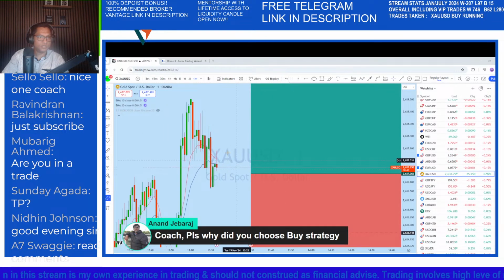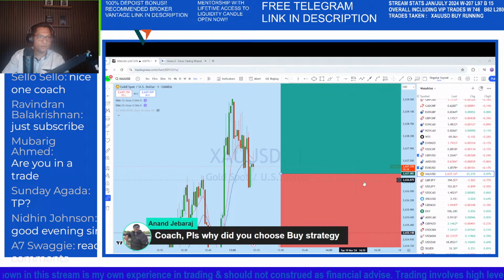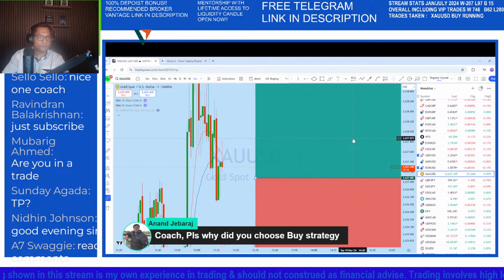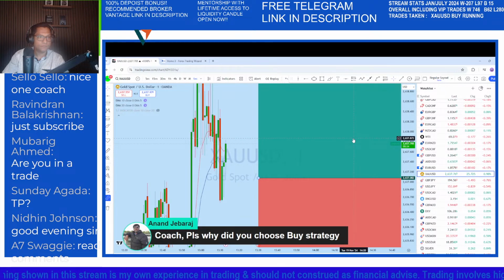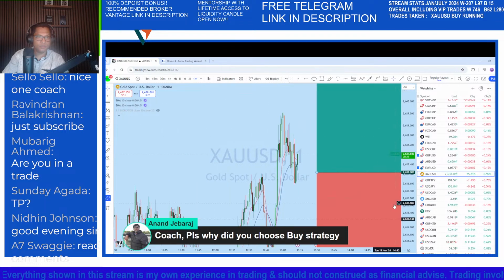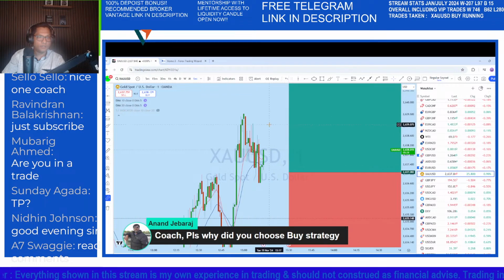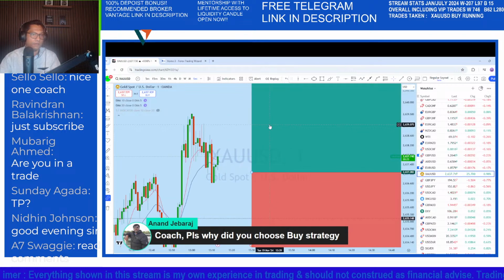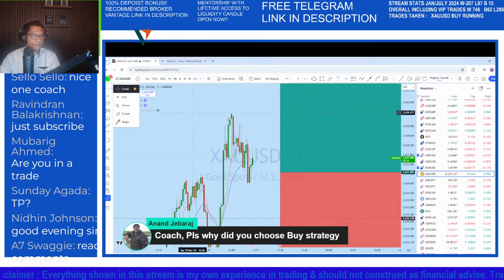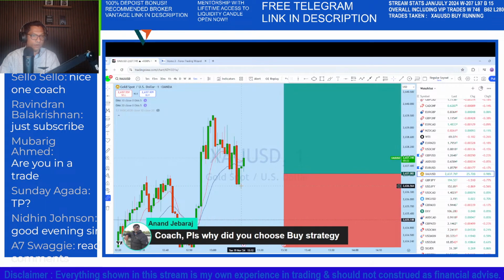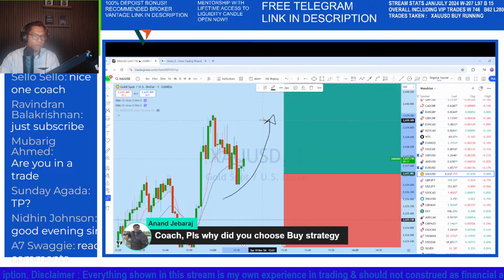Now with this long wick candle here, okay, expecting it to return, and okay, so we can expect for the market to be forming series of higher lows.